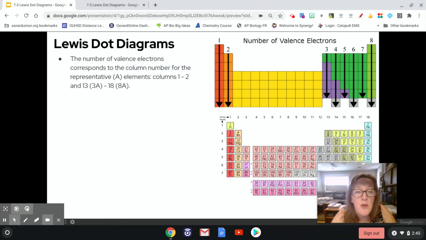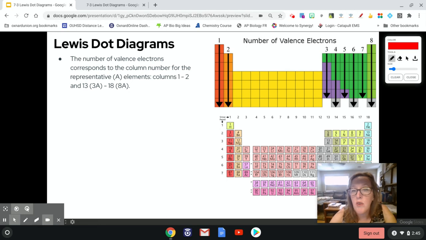So a helpful trick, of course, is to remember that the number of valence electrons corresponds to the column number on the periodic table for the representative elements. So I'm going to count column 1, column 2. I'm going to skip over the middle section, all of these.